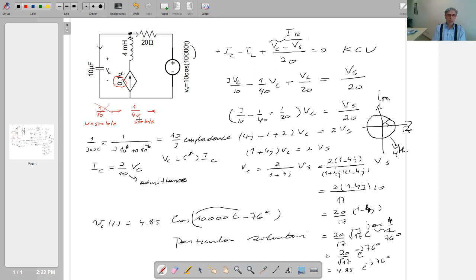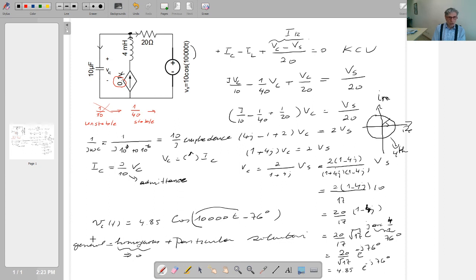Since I said this circuit is stable, homogeneous part is going to disappear in a short time. When this homogeneous part disappears, my general solution is going to be equal to the particular solution. So general is homogeneous plus particular. So I am saying that homogeneous is going to go to 0. So the general solution is going to be this particular solution.